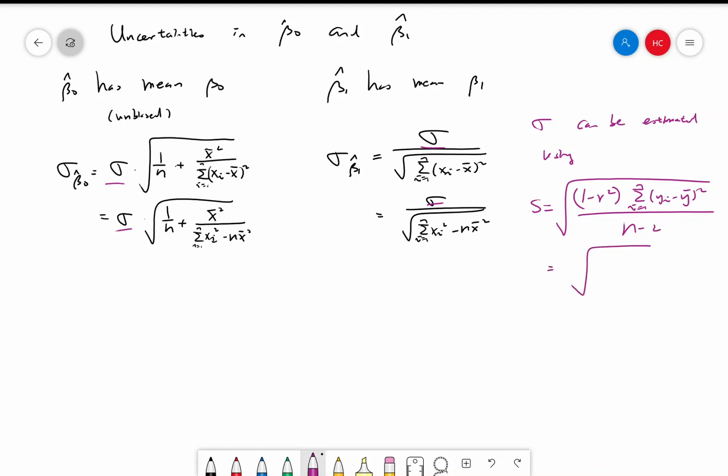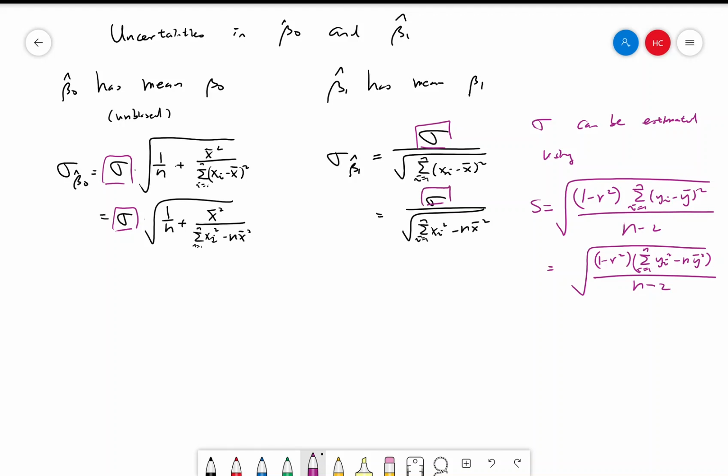The same principle applies: it's easier to calculate the sum of yi squared minus n y bar squared, over n minus 2. Okay, so that's how we estimate the value of sigma.